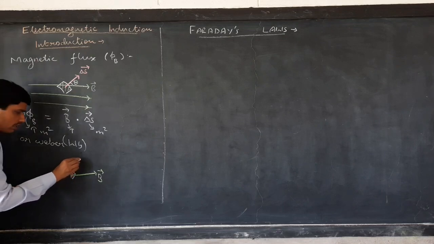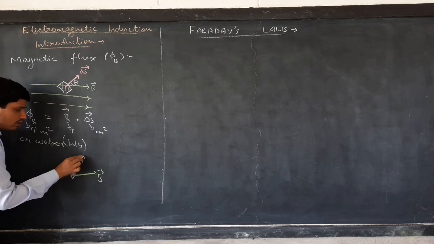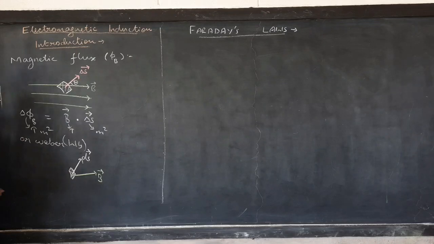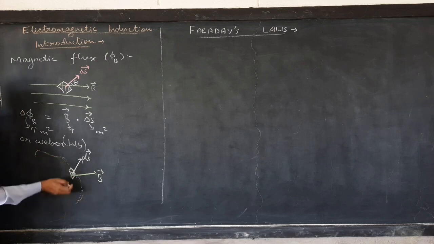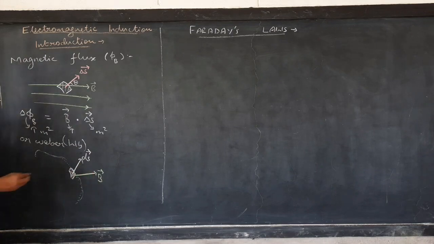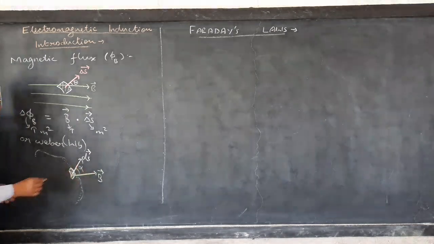So in this case, I'll not write delta S, I'll write the vector as dS vector, indicating it is very, very small. And the entire surface can be of some shape like so. This is the total surface. I have chosen a very small element within which the magnetic field has a value B vector directed so. And let this angle be alpha.